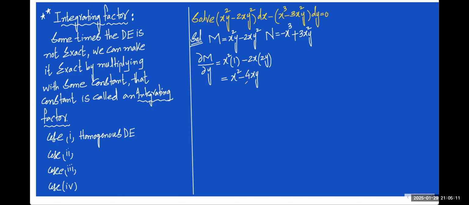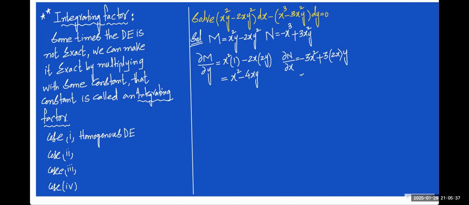Yes, sir. Now the n value, that one we have to differentiate partially with respect to x. This is equal to minus, as it is. x cube differentiation is 3x square, plus 3 into x square differentiation is 2x, xy.